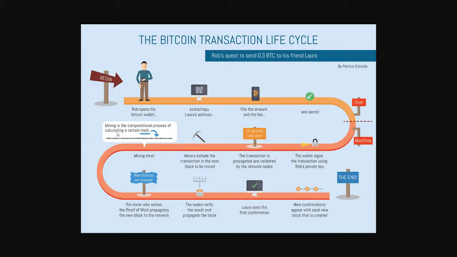This is what you would expect to see in a hash key. Now the miner who solves the proof of work propagates the new block to the network. The nodes verify the result and propagate the next block.